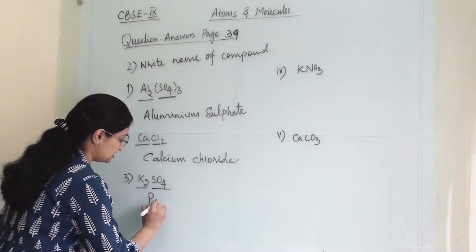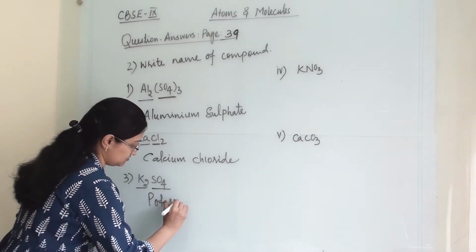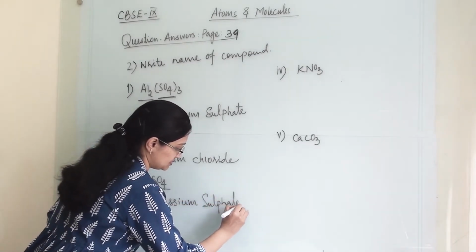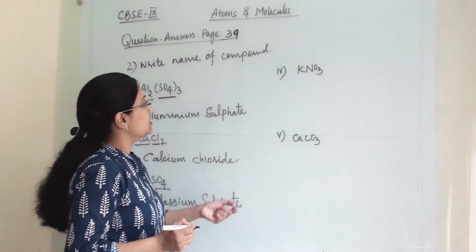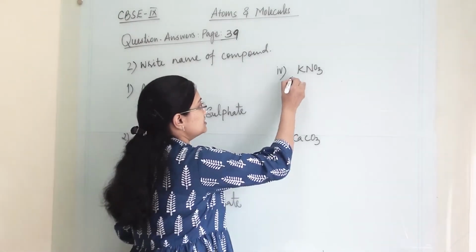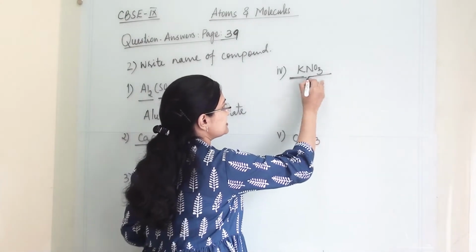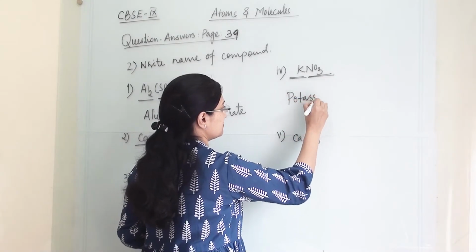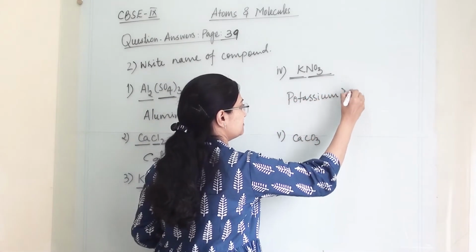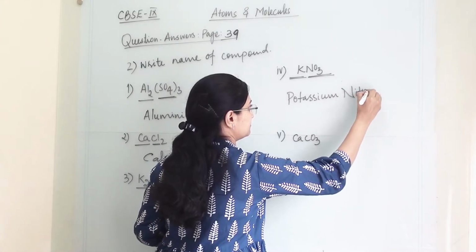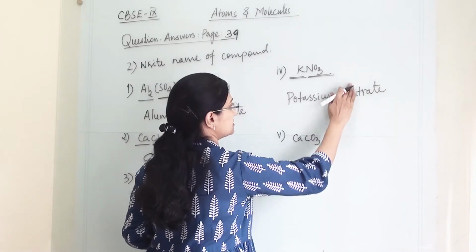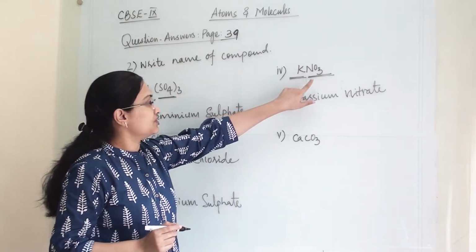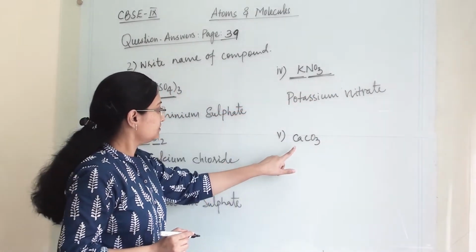So the name is potassium sulfate. Then the fourth one, this is potassium and this is nitrate. So the name is potassium nitrate.